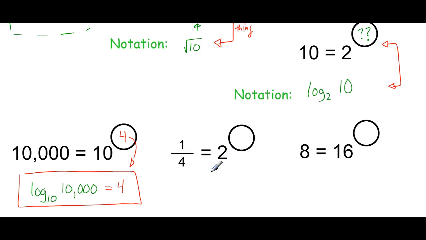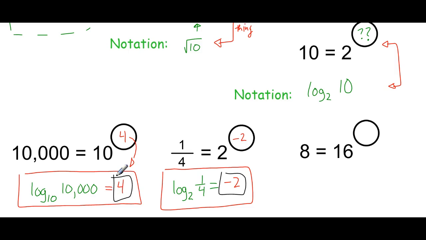Same idea here. 2 is the base. 1/4 is the answer we want to get, and the exponent that we figured out had to be there was -2. So log base 2 of 1/4 is -2.